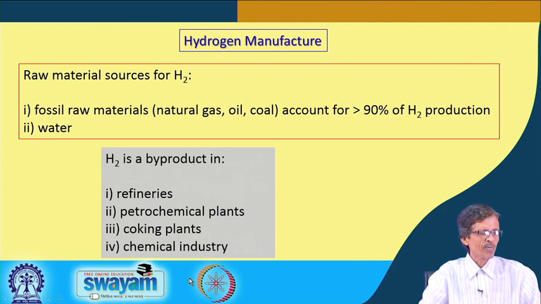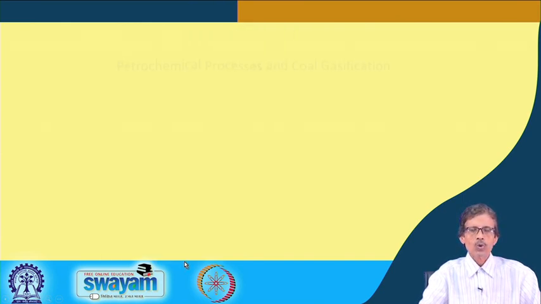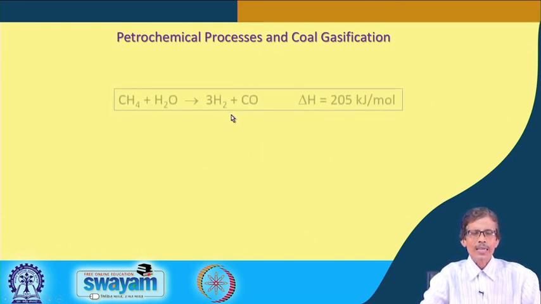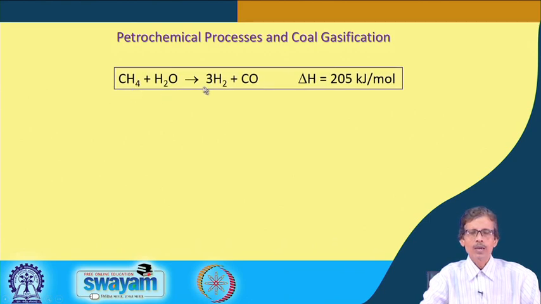Just now we have seen that when sodium chloride is electrolyzed in the presence of water, it gives you sodium hydroxide, chlorine as well as hydrogen. So, petrochemical processes and coal gasification can give us hydrogen.